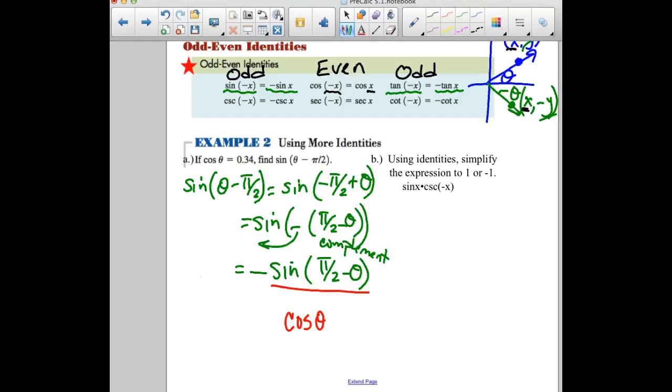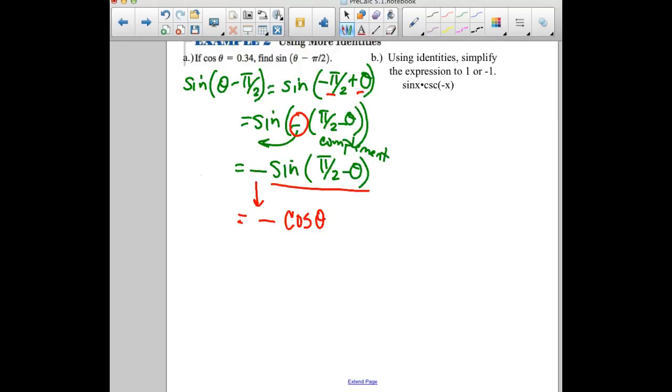But because we had to change the orientation of these two and get this negative pulled out, we are going to have it be the opposite. Okay, so that negative sign is brought down. And so if the cosine of the original angle is 0.34, then the sine of theta minus pi over 2 would be the opposite of that, negative 0.34.